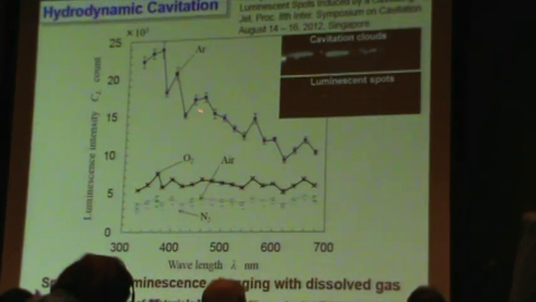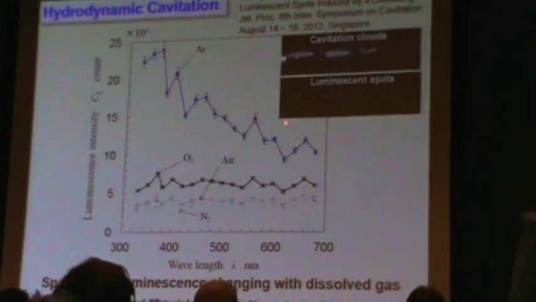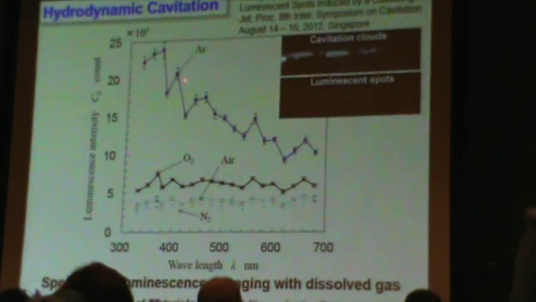And if we measure the spectrum using hydrodynamic cavitation, of course, it depends on the dissolved gases. If we put in some argon and xenon, the luminescence is more intense. But with air, we can also get a luminescence spot here.